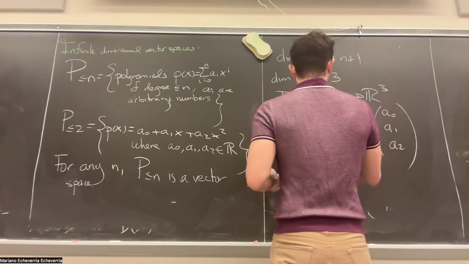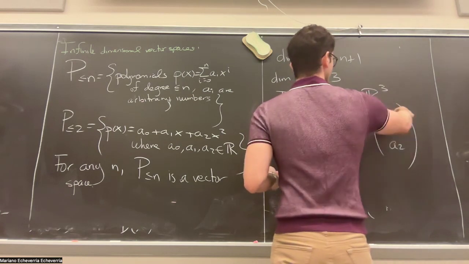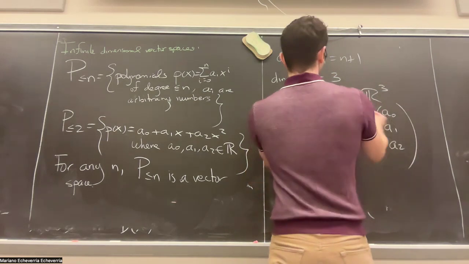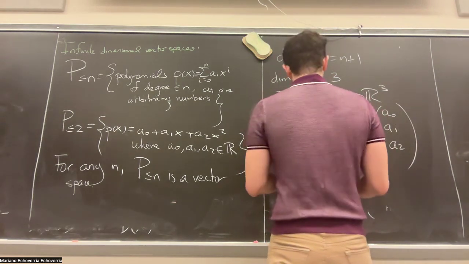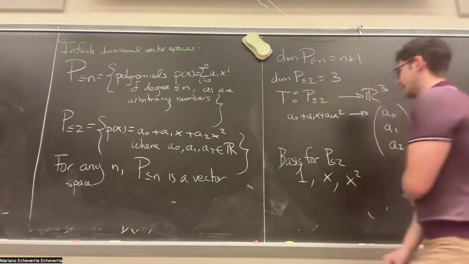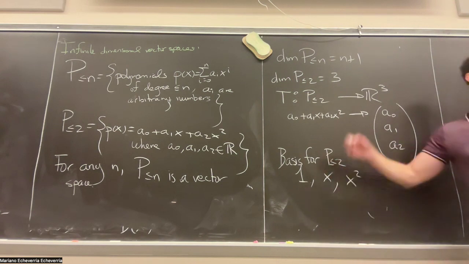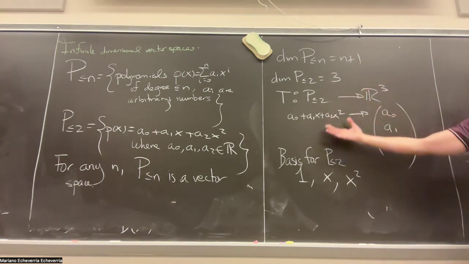This has dimension three, so the basis is 1 0 0, 0 1 0, and 0 0 1, and that corresponds to the polynomial of degree zero, the monomial x, and the monomial x squared. These are the three vectors that make up the basis, right? So far so good. And of course, this is just like R3.